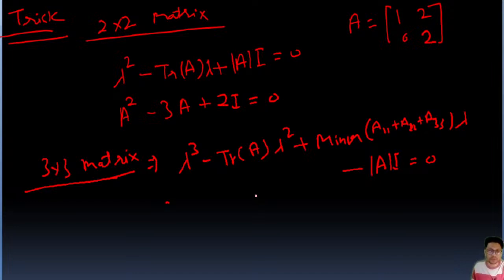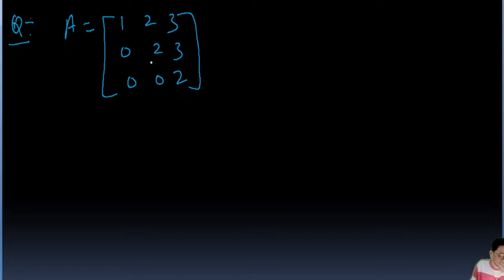Next question we are going to do. A is given as the matrix 1 2 3, 0 2 3, 0 0 2.